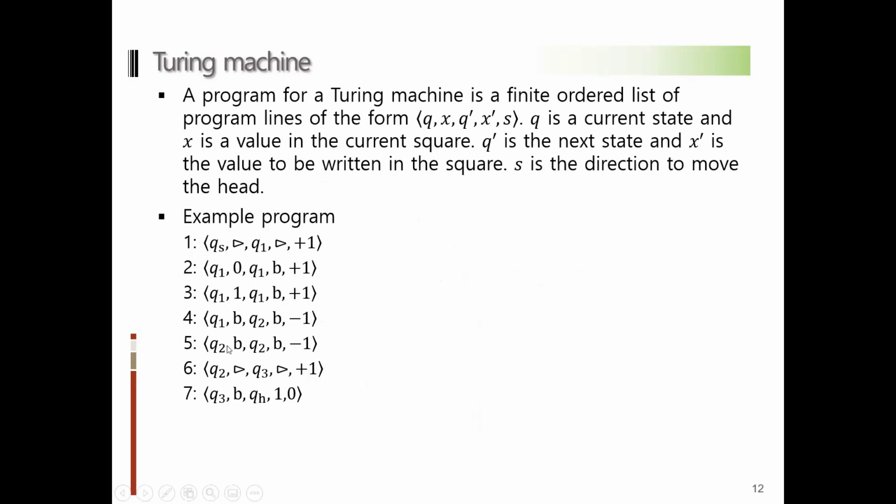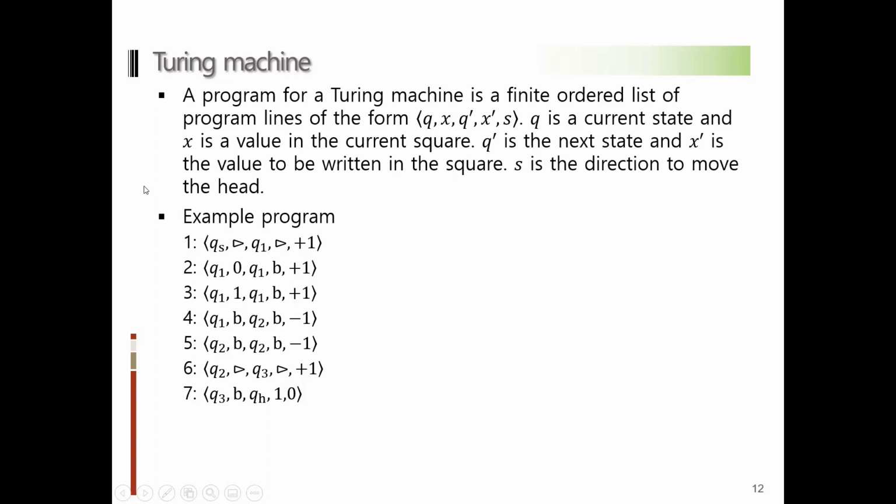The second term means the value just read by the read-write head. The third term means the next finite state the machine will change to. The fourth value will be the new value, which will be written at the head position. And the last value means whether the head will move to the right or to the left.